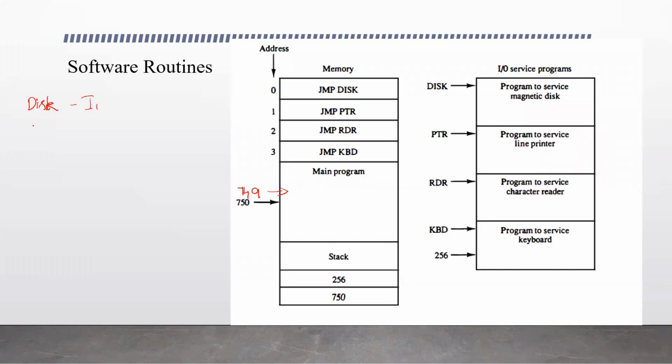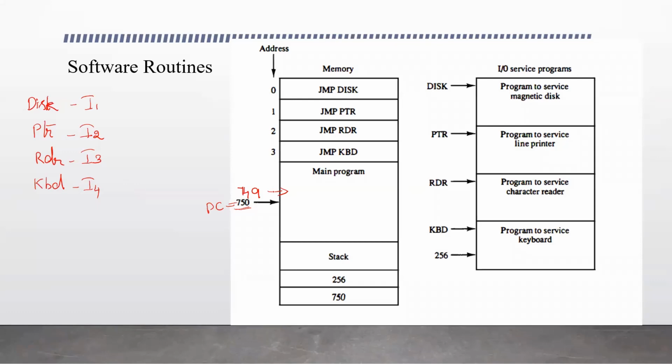And we have the printer, the next device, which generates interrupt I2, and the character reader generates interrupt I3, and the lowest priority device is the keyboard, which generates interrupt I4. When the CPU is executing the 749th instruction, the CPU is interrupted. At that time PC is holding the address 750, because that is the next instruction.